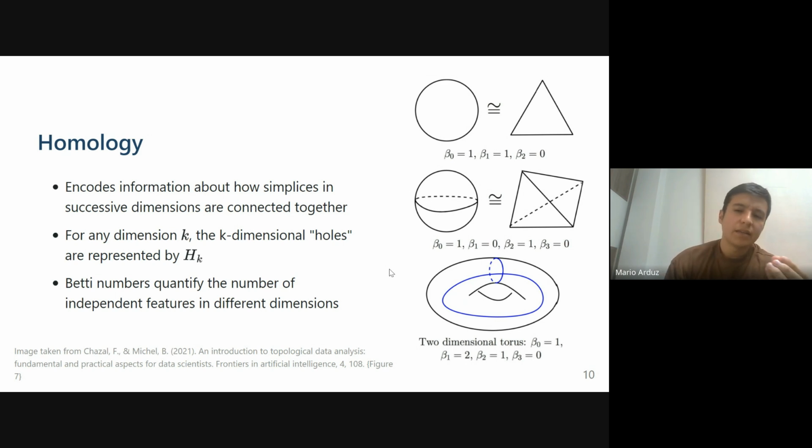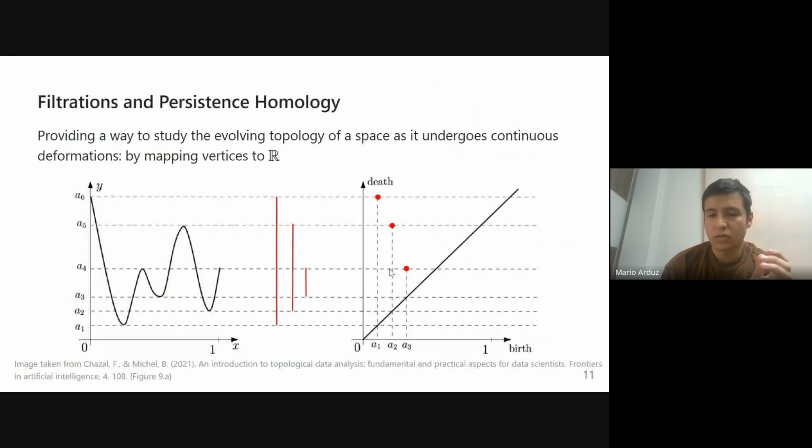But now, this representation of the Betti numbers is also made on constructions of our data. These constructions can also have different types of representations.